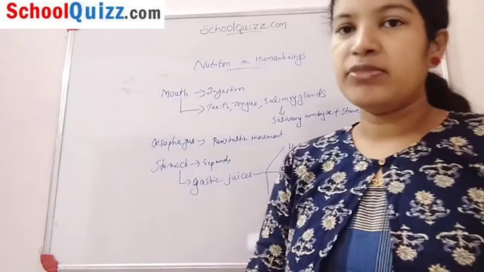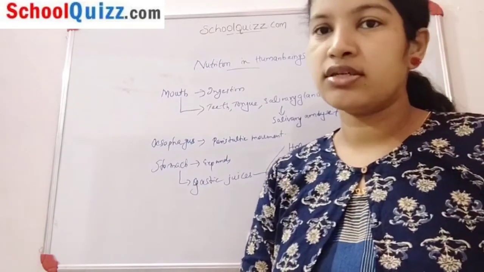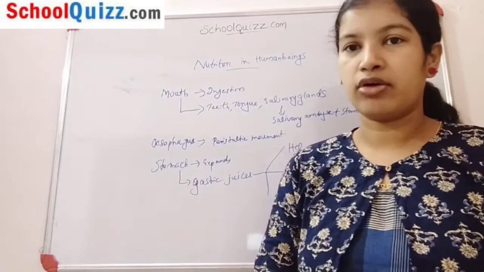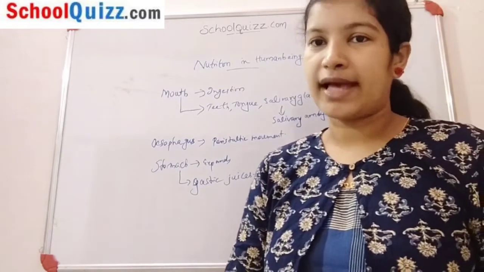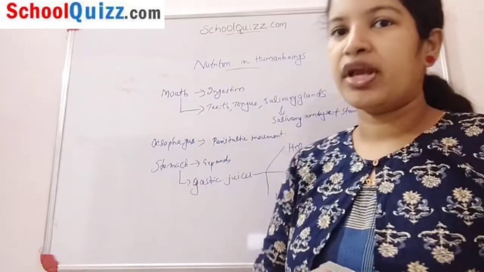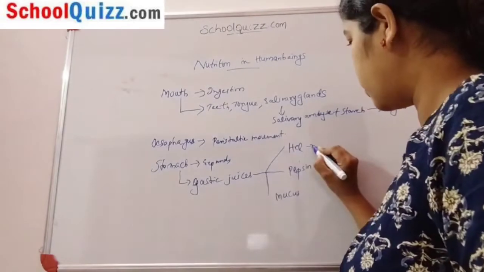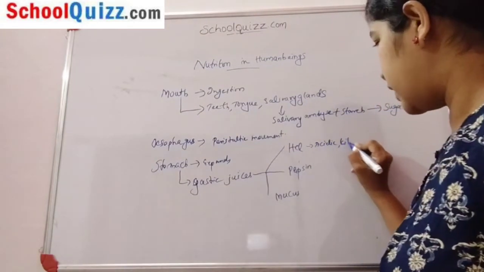HCl keeps the medium acidic and also kills the bacteria present in the food. Pepsin helps to break down protein into amino acids, and it works better in the acidic medium made by HCl. The mucus protects the stomach layer.